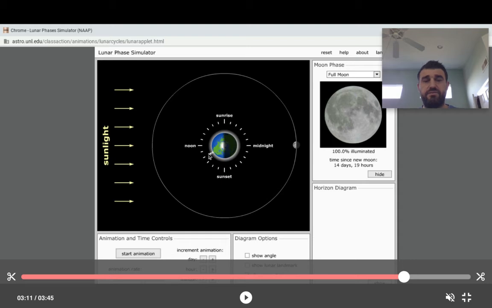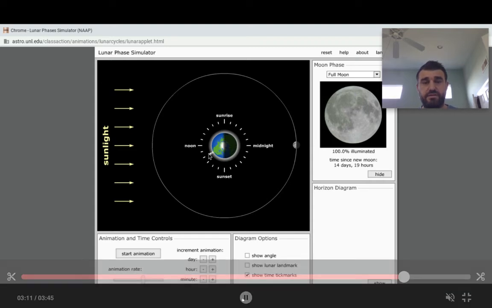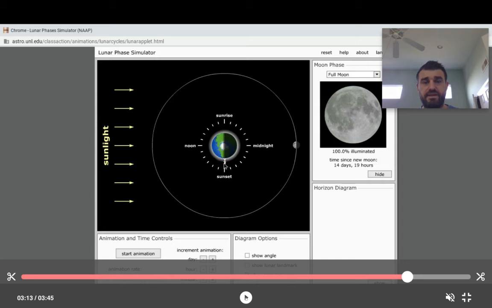Okay, you'll never see the full moon at noon, or actually during the middle of the day here, because you're facing the sun. See that? But so the full moon will actually be highest at midnight. So here, as this person rotates around the Earth, right there is when the full moon will rise.